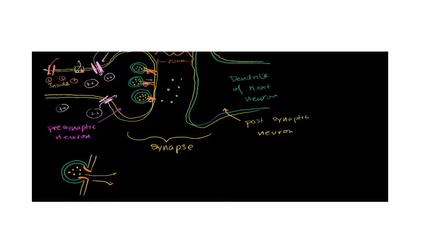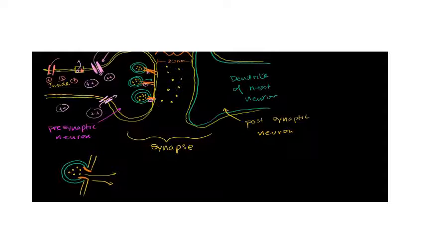This process right here is called exocytosis. It's exiting the cytoplasm, you could say, of the presynaptic neuron. But these neurotransmitters, and you've probably heard the specific names of many of these: serotonin, dopamine, epinephrine, which is also adrenaline, but that's also a hormone, but it also acts as a neurotransmitter. Norepinephrine, also both a hormone and a neurotransmitter.